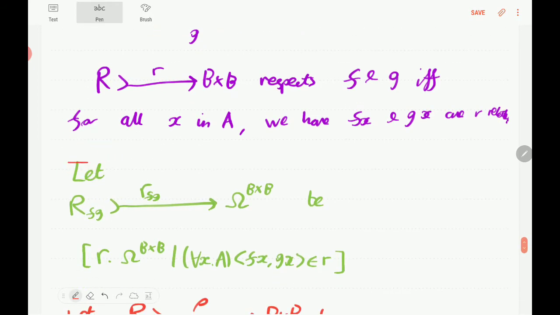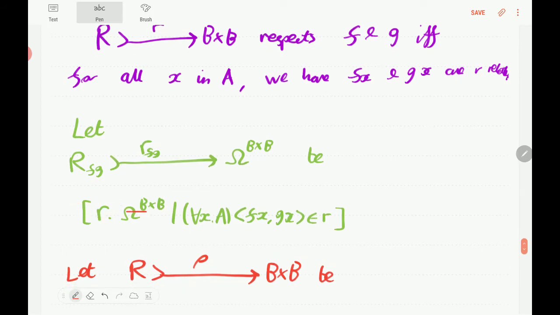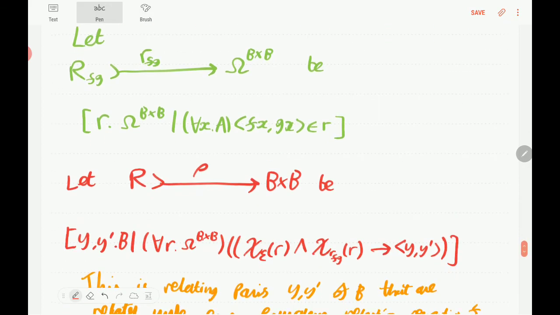So given such an F and G, we'll define this sub-object R F G of omega to the power of B times B to basically be the load of F and G respecting relations. So we can say that it's the extension of for all X in A, Fx, Gx in R over these relations R in omega to the power of B times B.